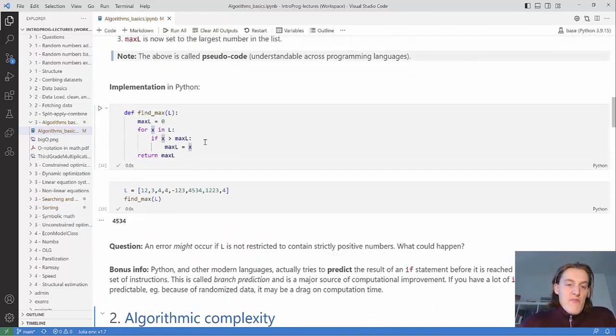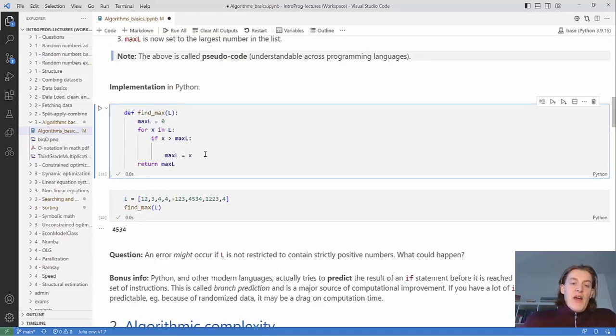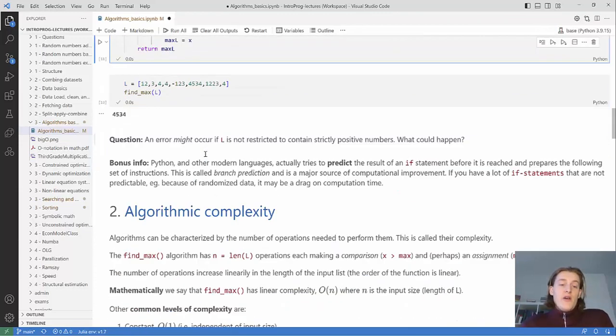In our case, it doesn't really matter. But if you had something like an extra loop inside of here, then in the worst case our algorithm could be n to the power of 2, maybe, if all were checked.